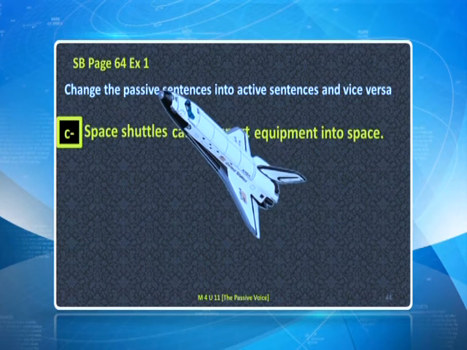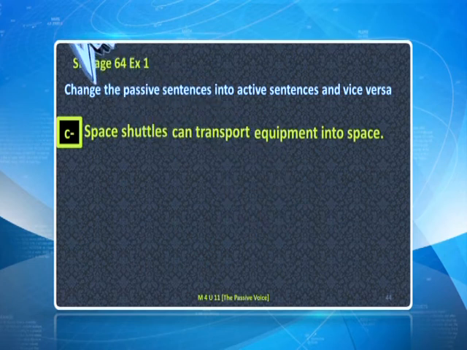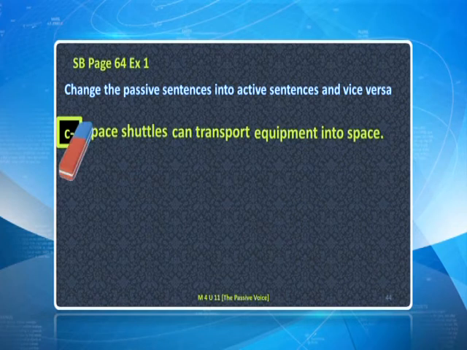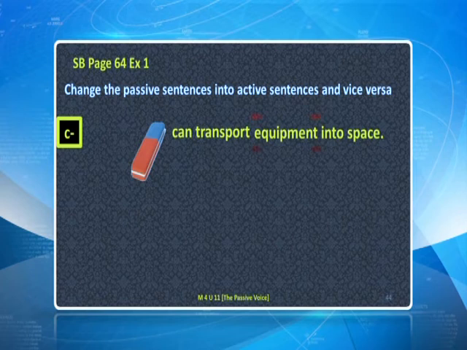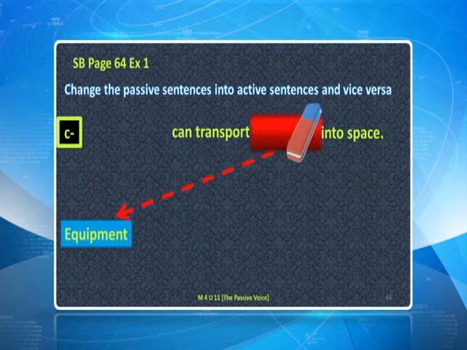Let's take another example. Space shuttles can transport equipment into space. Again, get rid of the subject, decide on the object, move it to the beginning of the sentence, so equipment, decide on the verb, which is a modal verb here followed by transport.